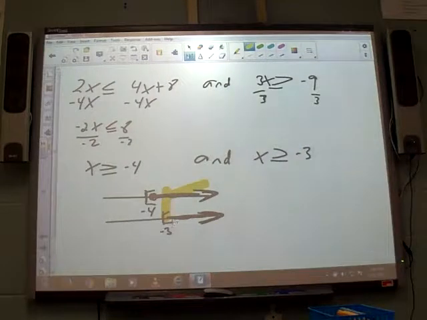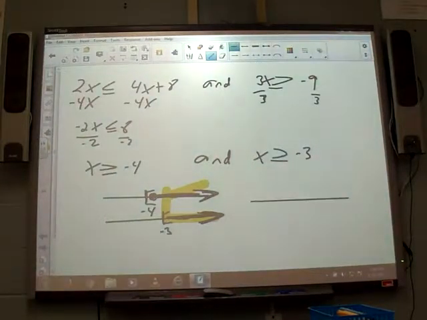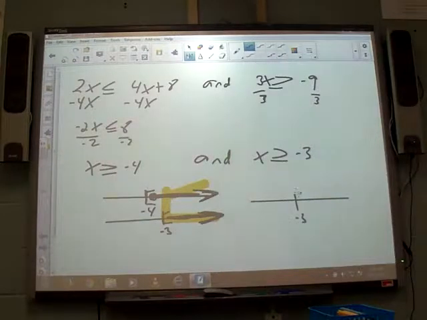Everything from there on is in both of them. So for our number line answer, negative 4 didn't even matter anymore. It would be from negative 3 to infinity.